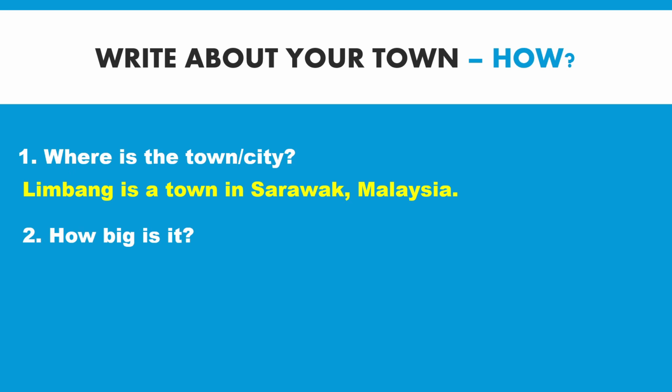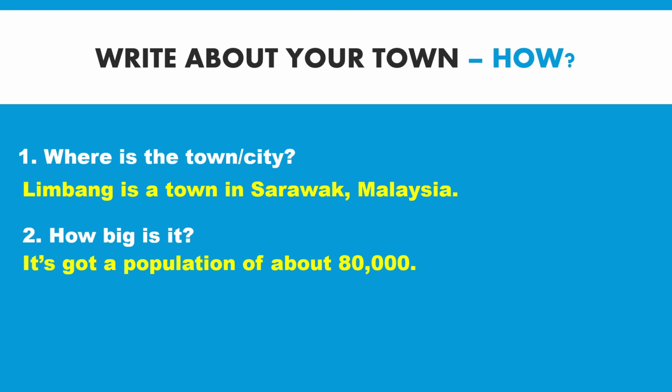How big is it? Question asks about how big. It doesn't mean that we have to give a proper measurement of that particular area, but we can try to describe the size of our town by using the population. Population means how many people in that particular town. So, I said it's got a population of about 80,000.